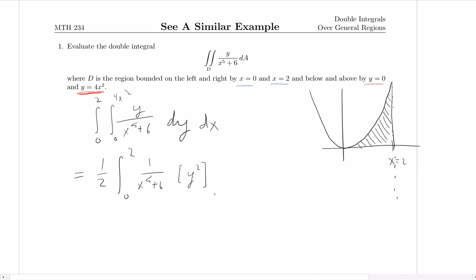And we just get 1/2 y squared from 0 to 4x squared. So if we plug in 0, it's just 0. If we plug in 4x squared, we get 16x to the 4th.